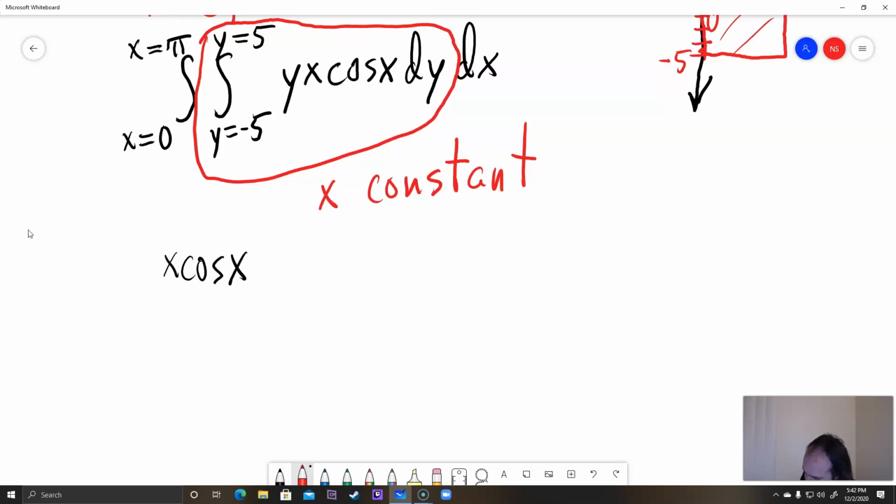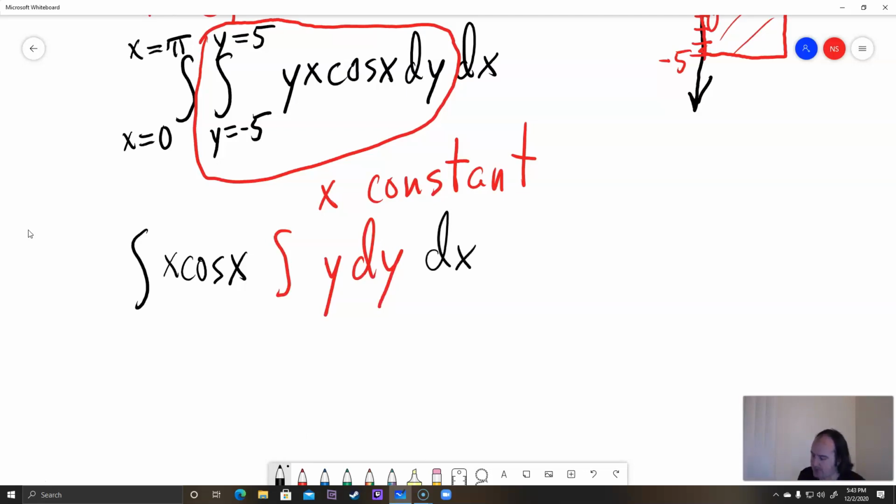Okay? And then all we're left with is the integral of y dy. And on the outside, we still have the integral of x cosine of x dx in black there. But why was I allowed to factor out the x cosine of x?